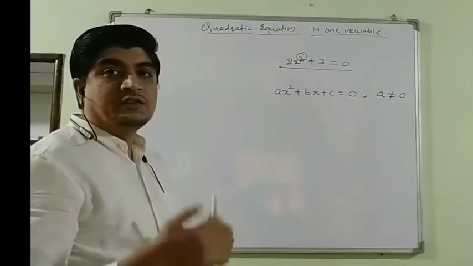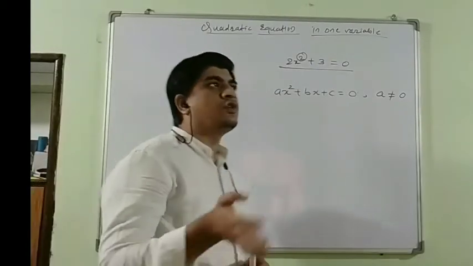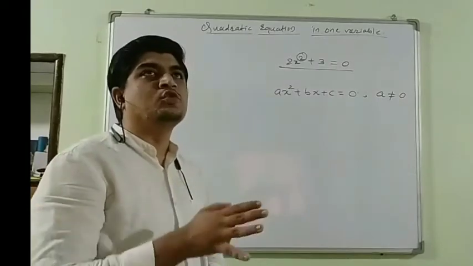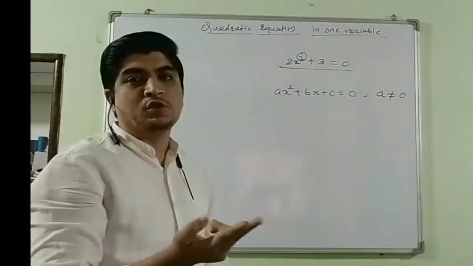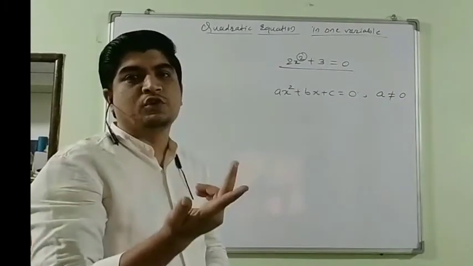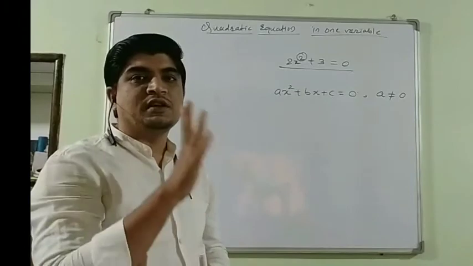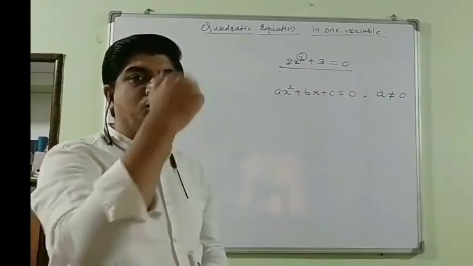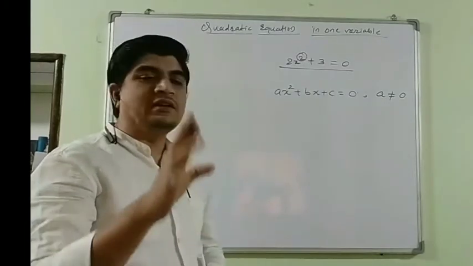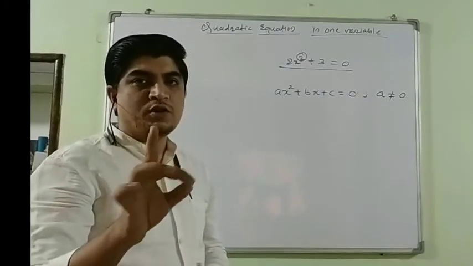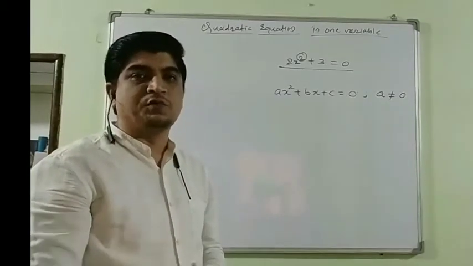Now we have already studied quadratic polynomials. Since a quadratic polynomial has degree 2, it has at most two zeros. If we consider the graphical nature, it will intersect the x-axis at most 2 points. If it touches at only one point, then we can say that the zeros are repeated or equal.